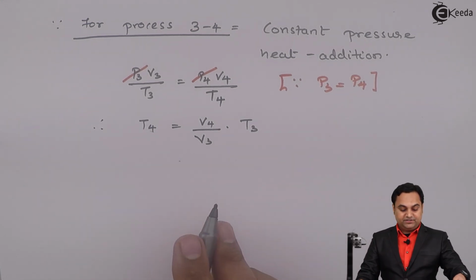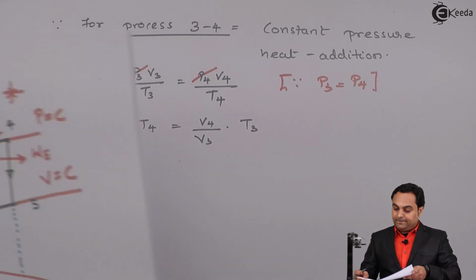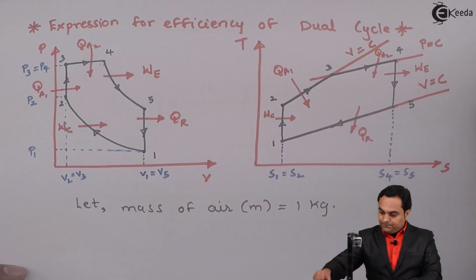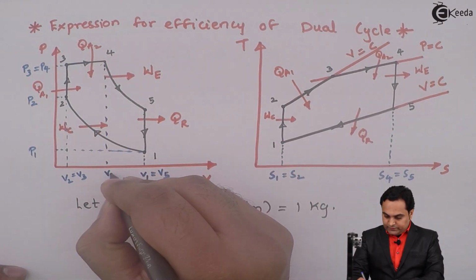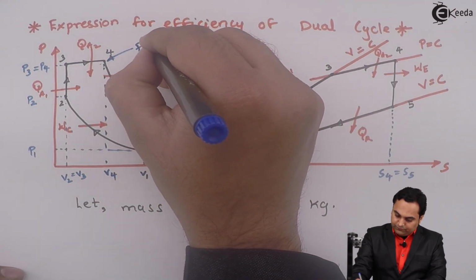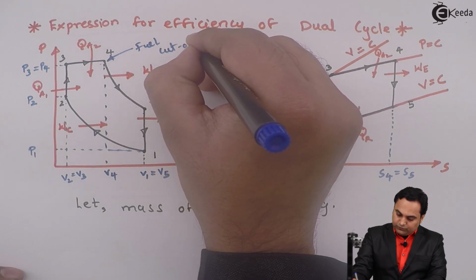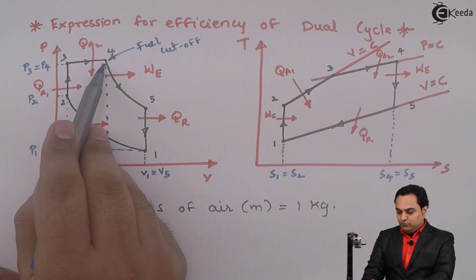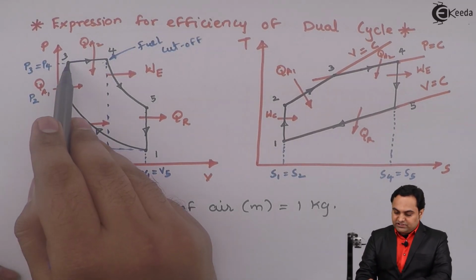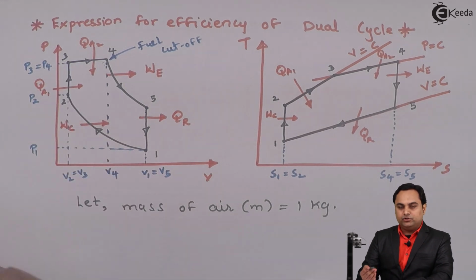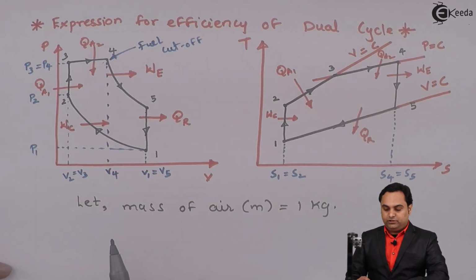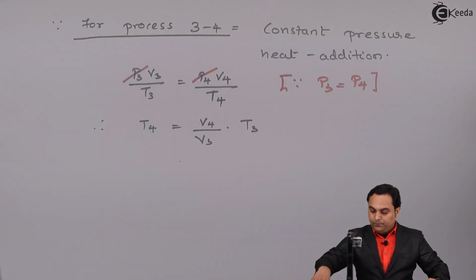Next, after reaching this stage, as we can see that the ratio of the volume at point number 4, at point 4 the fuel is cut off, so this is fuel cut off. So the ratio of the point at which the fuel is cut off and the point at which the fuel injection starts. So fuel injection starts at point 2, or we can say point 3, both are same. So V4 upon V2 or V4 upon V3 would be called as the fuel cut off ratio, and it will be denoted by rho.